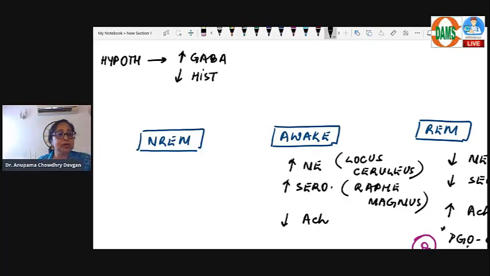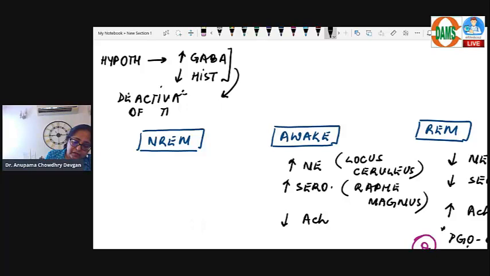GABA is an inhibitory neurotransmitter, and there is a decrease in histamine. These now cause a deactivation of the thalamus and cortex. So in NREM sleep, there is an increase in GABA and a decrease in histamine, which causes deactivation of the thalamus and the cortex. And how do you remember this?